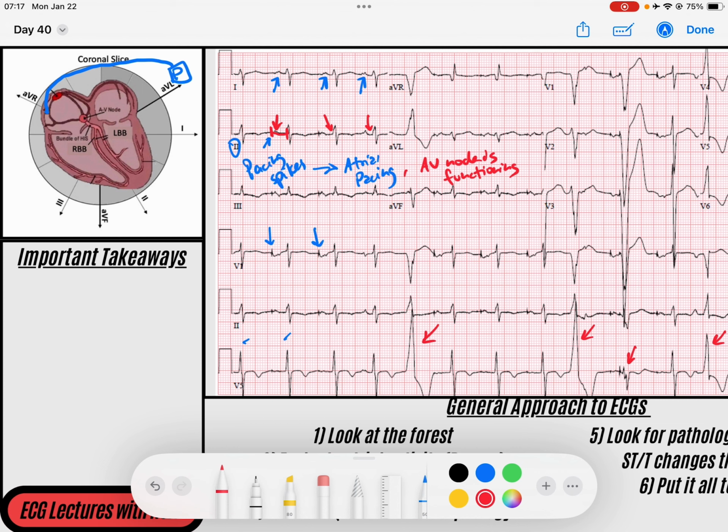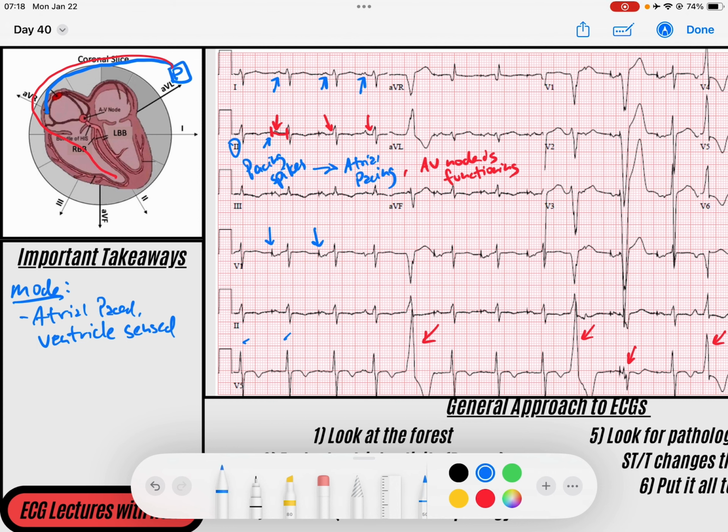So we need to figure out what mode this person is in. They are atrial paced, ventricle sensed. What that means is this person has a pacing wire in their atria, and another pacing wire in their ventricles.